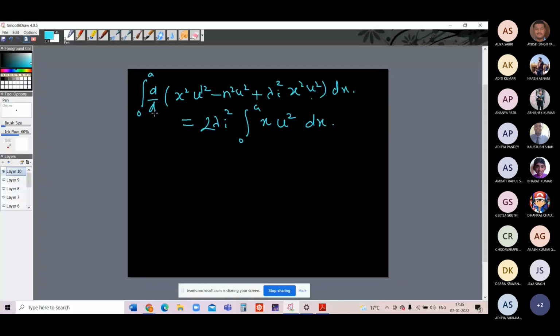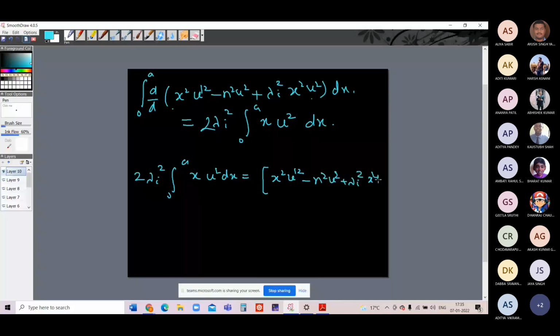So on the left hand side we get x square u dash square minus n square u square plus lambda_i square x square u square with limits 0 to a. Now in place of u, substituting because we know that u(x) is Jn(lambda_i x). So we will get 2 lambda_i square integral from 0 to a of x Jn square of lambda_i x dx.